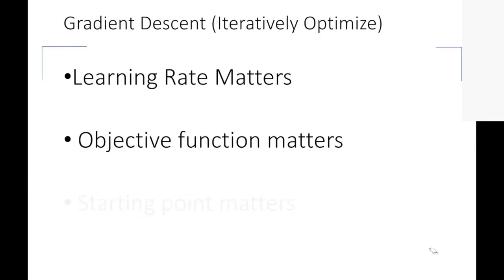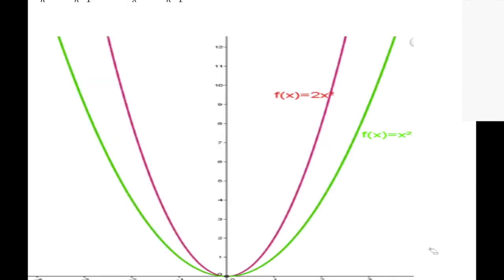And then the second is that the objective function matters. I'm trying to show you two different functions: the first is 2x quadratic, the other is x quadratic. It's easy to tell that this function's gradient is 4x, and this function's derivative, because there's only one variable, is 2x.